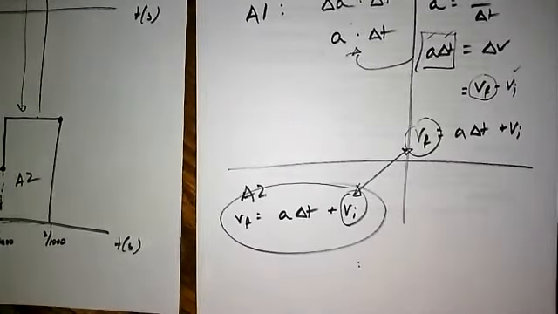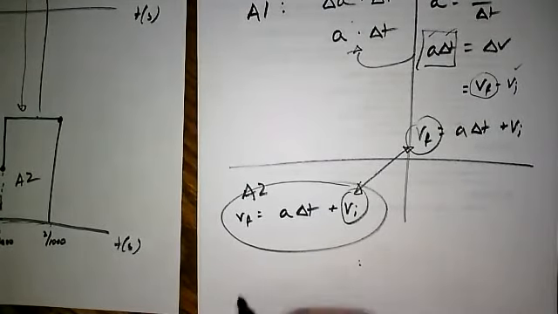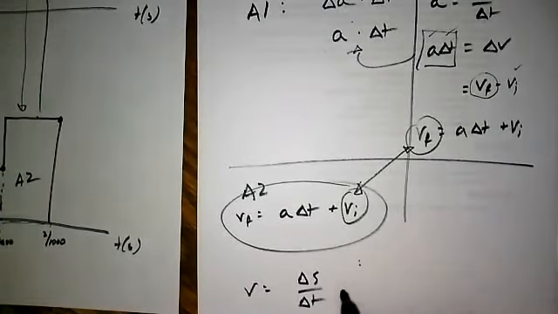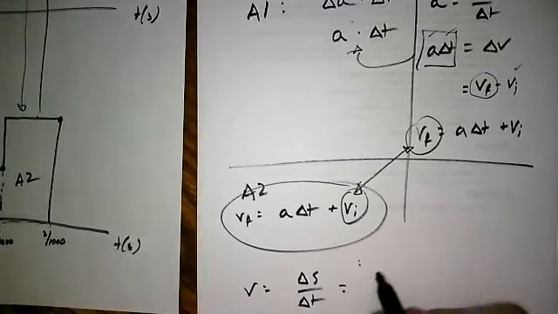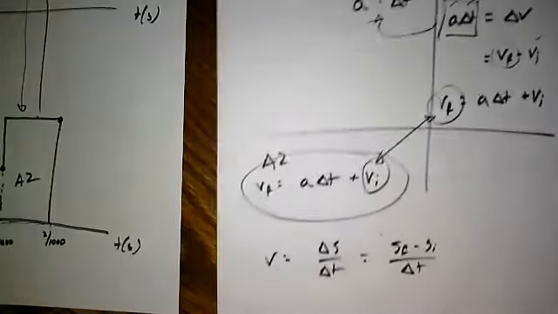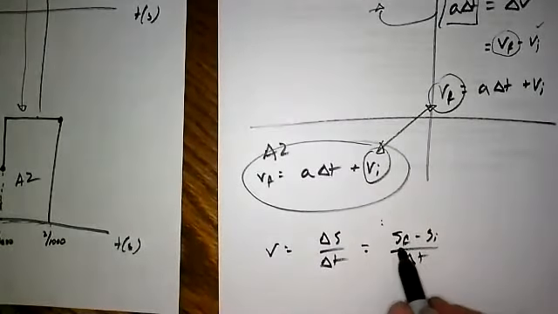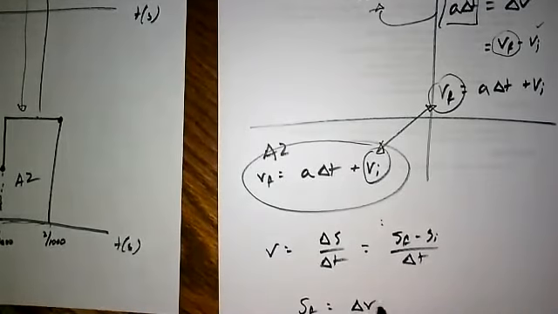When we do the integration from velocity versus time to position versus time, we do the exact same thing. We do V equals delta S over delta T, or we rewrite this as SF minus SI over delta T, S being position. And I rewrite that to solve for SF equals V delta T plus SI.